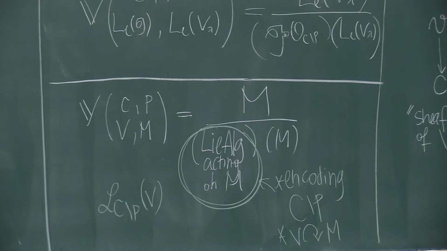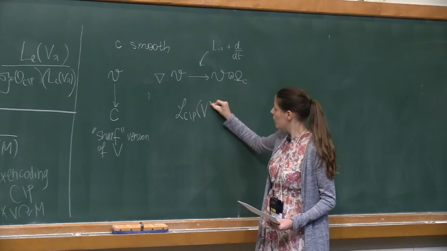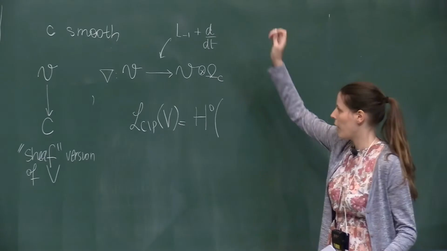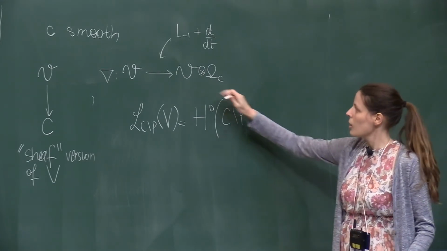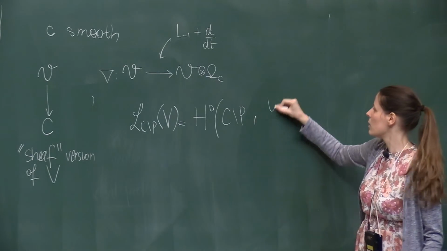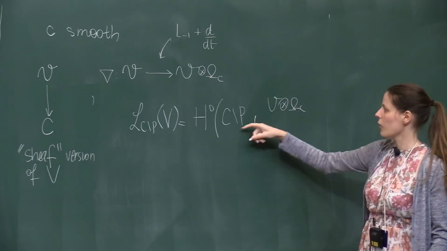So we define it, or they define it, by taking this sequence and taking the cokernel, and taking the sections on the curve minus the point.